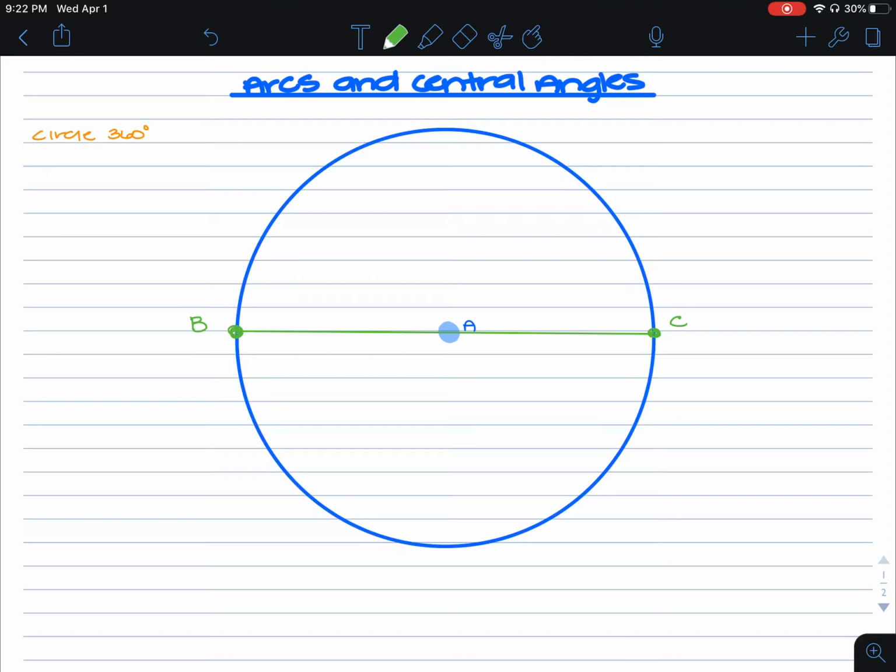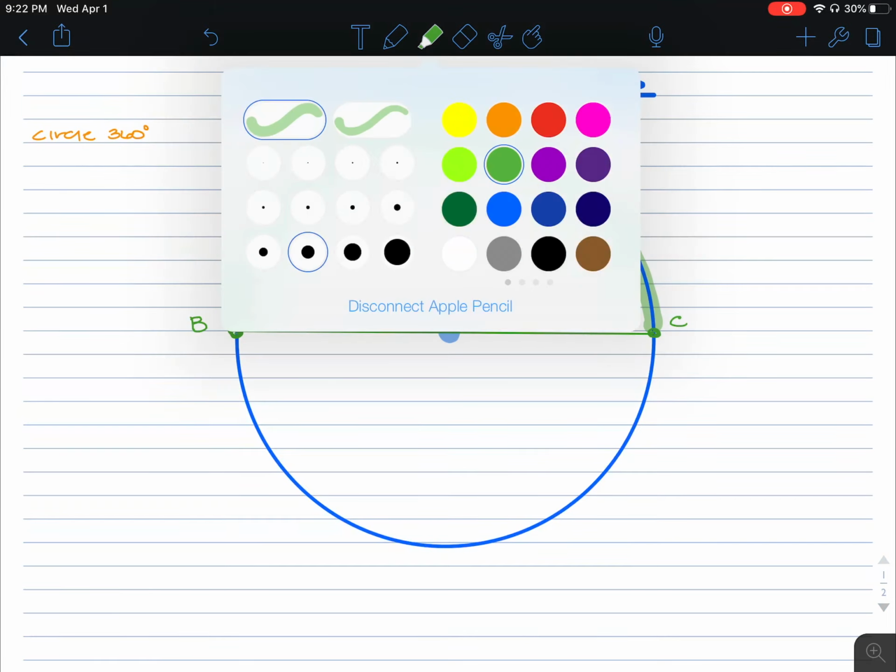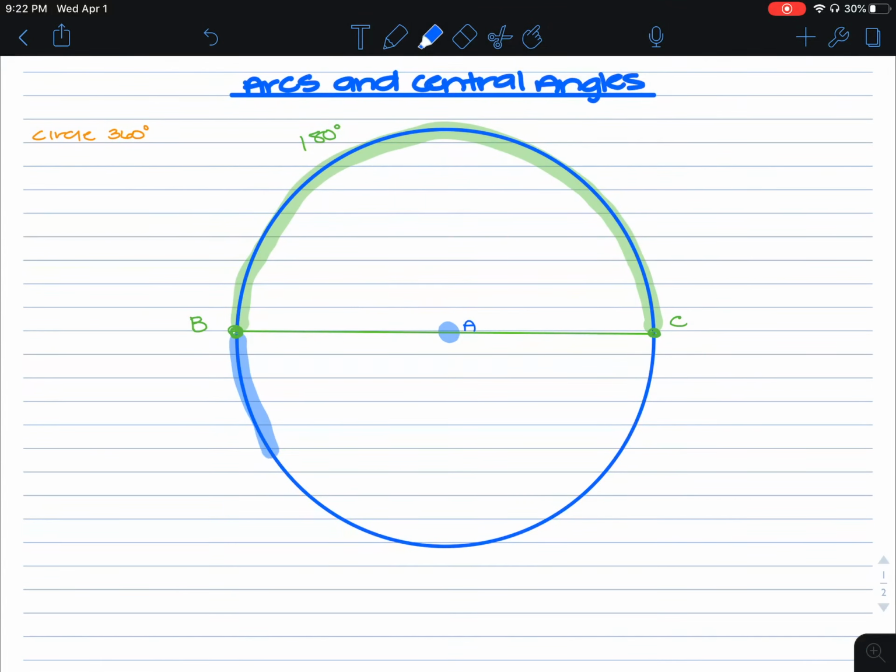Okay, so for a semicircle, which is half of a circle, the measure of this arc, now in a semicircle, I don't really have a major or a minor arc. The reason being is they are both the same. So this green part is 180. All I did was take 360 divided by 2, right? A semicircle is half of a circle, so the measure would be half of that 360, which means that this side is also 180.